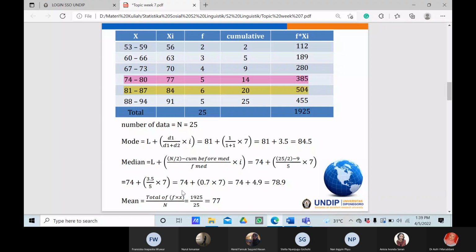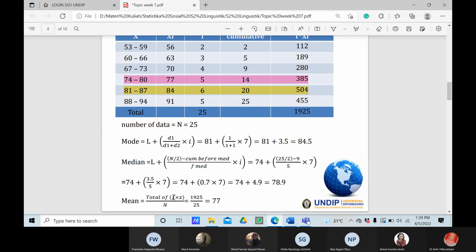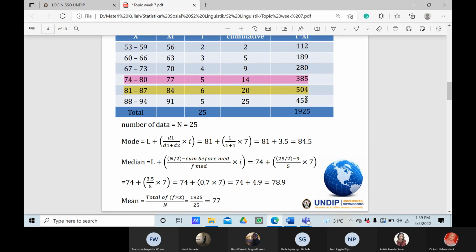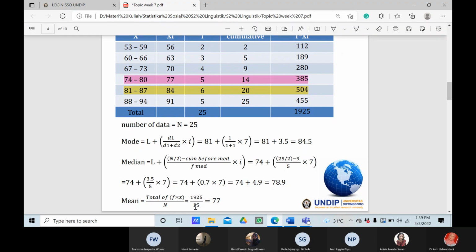And the last one, the mean. The mean is the same calculation as the table for single data. The mean is the total of frequency times score divided by n. The total of frequency times score is 1,925, divided by the total number of data, 25.